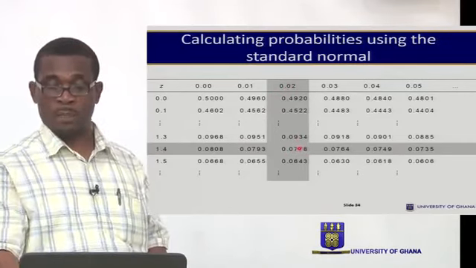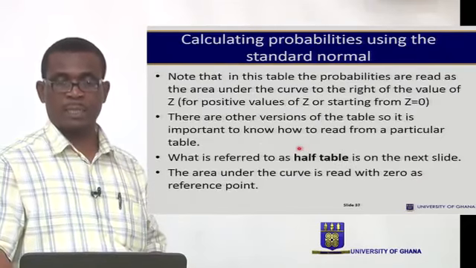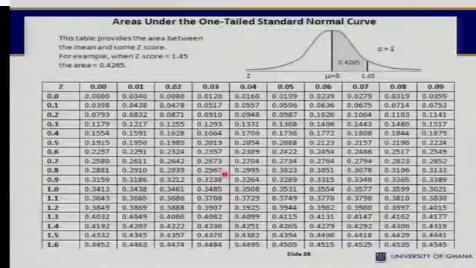But there are other normal tables. For example, there's this other table that I'm displaying. Instead of giving you the area to the right, it gives you the area between 0, mu being 0, up to a certain value z, which is in this case 1.42.